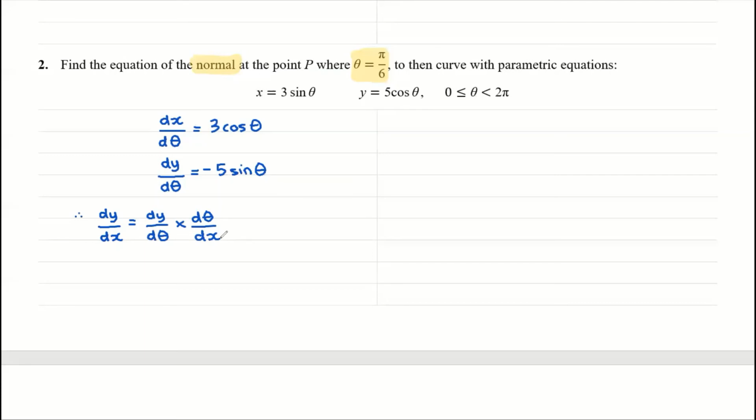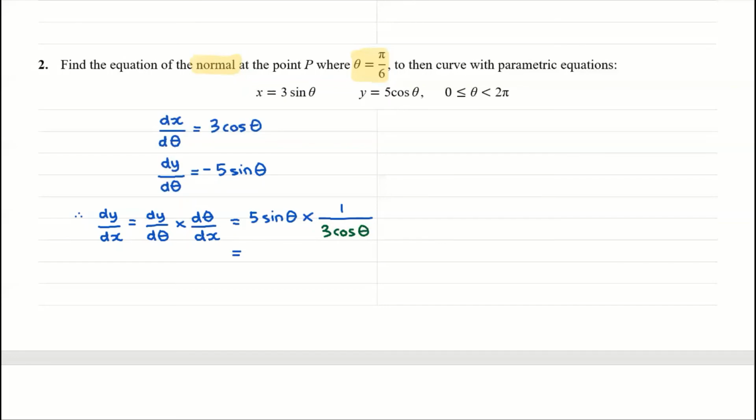Okay. So this is going to be 5 sine theta multiplied by the reciprocal, which is going to be 1 over, just to show that I've reciprocated this, that's going to be 3 cos theta. Okay.